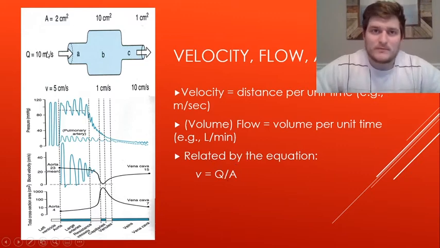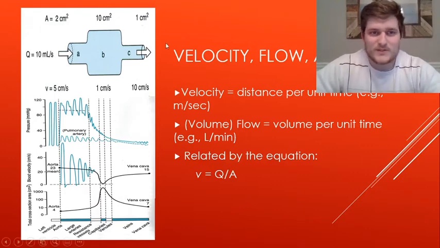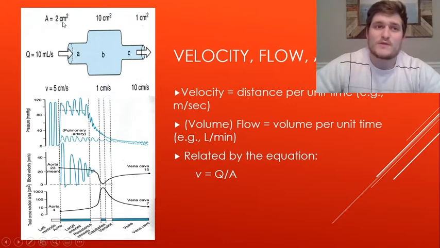So for example, let's say that flow is constant at 10 milliliters per second. In this given vessel, let's say it's starting with a cross-sectional area of 2 centimeters squared. So the velocity here is going to be 5 centimeters per second.